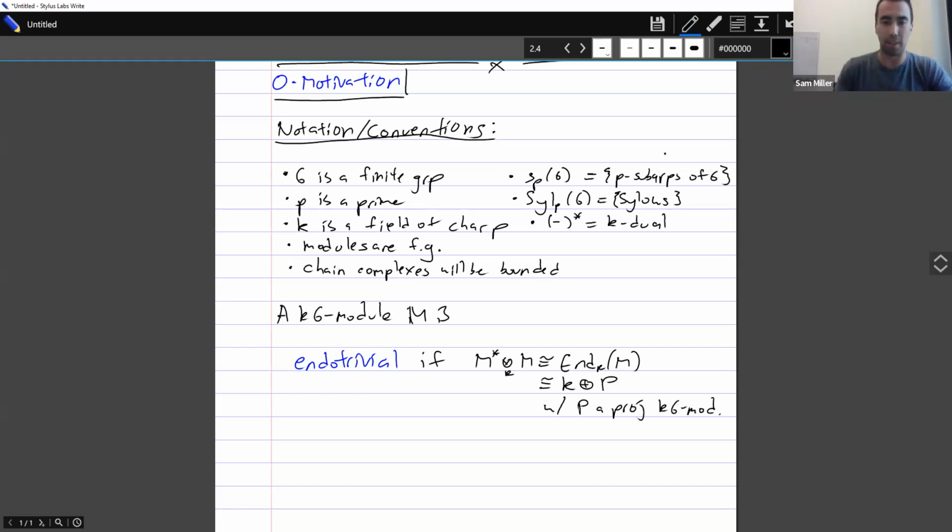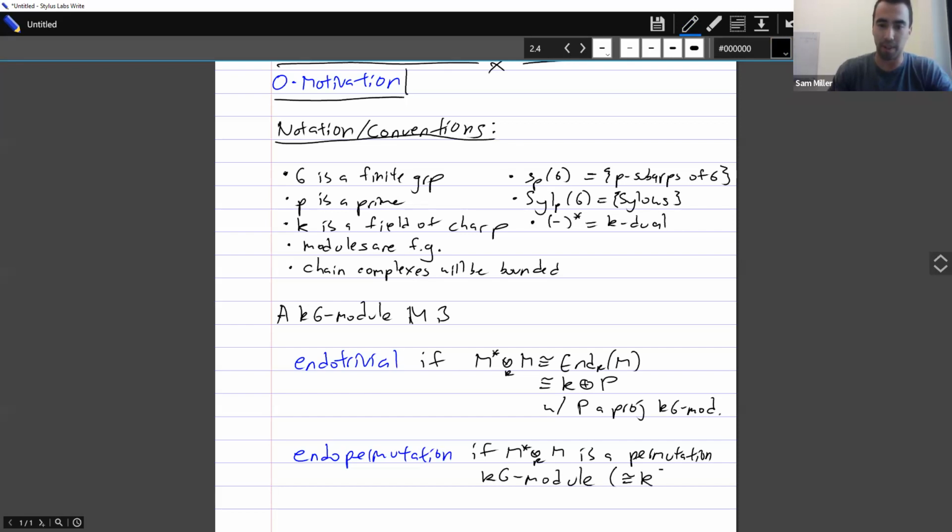And there's a couple more generalized notions as well. We have endopermutation, if M dual tensor over k M is a permutation kG module. In other words, it's isomorphic to kX, where X is a G-set.